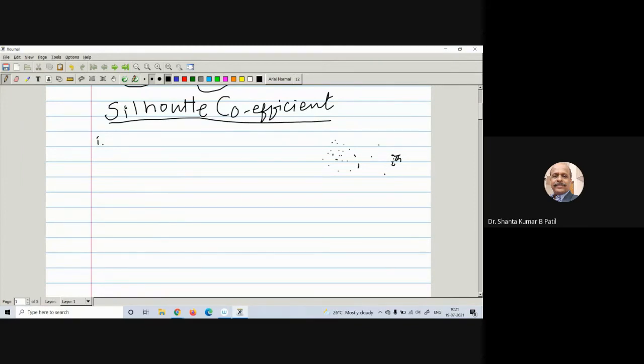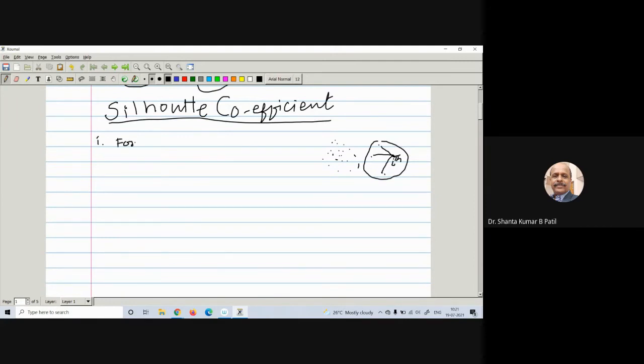You need to find the average distance from the ith object to the other points in its cluster.